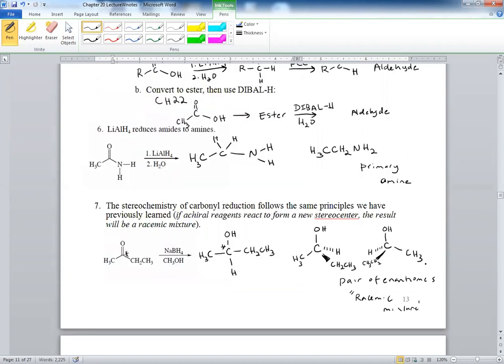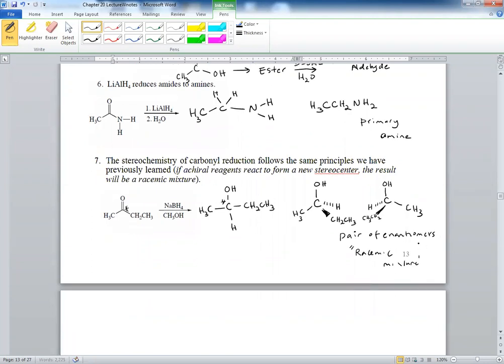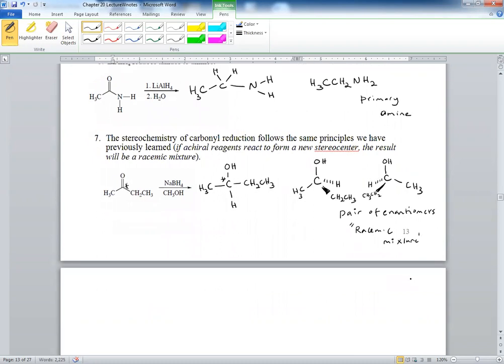So reactions that give you racemic mixtures are not that useful unless, again, it's done for a specific reason. So we do then have a solution to that.